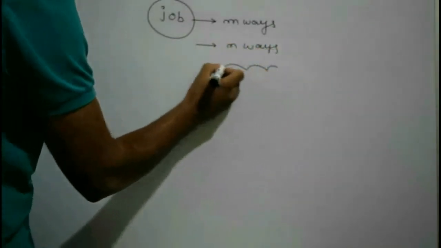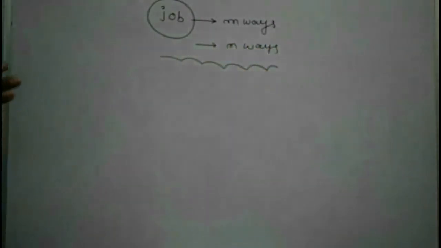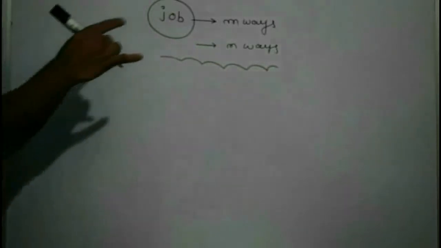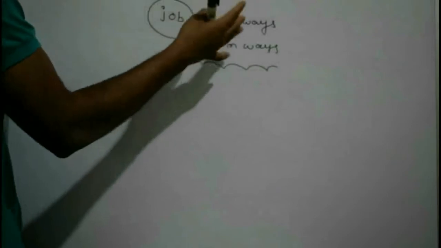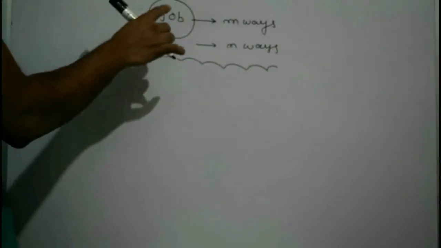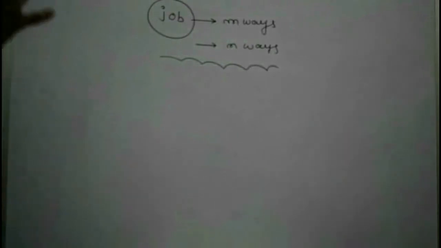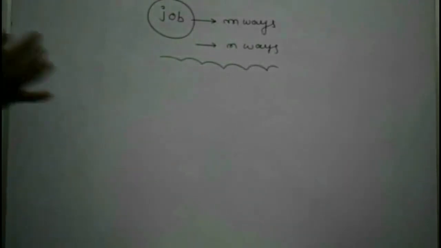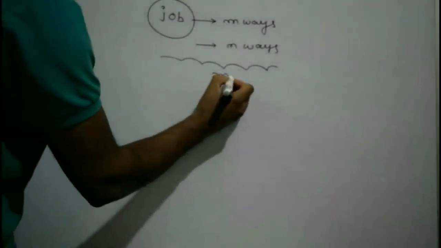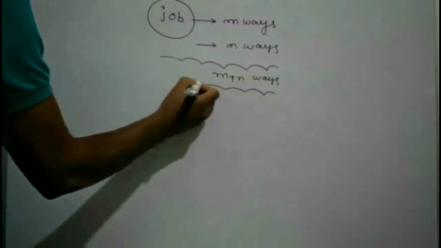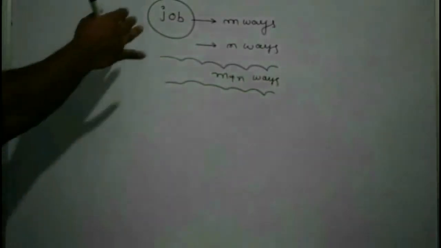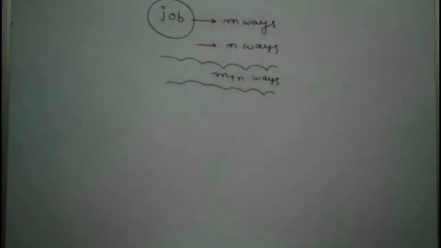Now the question is how many ways that job can be finished. Here the total job is finished in m ways in one situation, and the same job is finished in n ways in another situation. So for that we add m plus n ways, because the same job is finished in different situations.